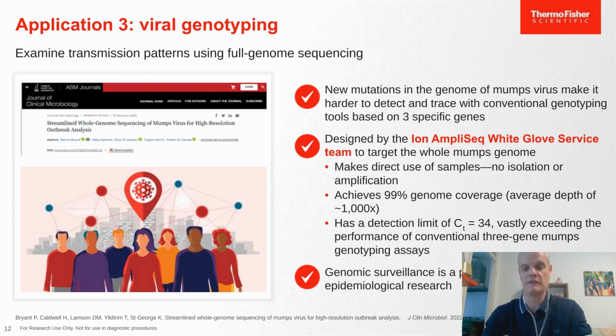So the specificity where the amplicons go and detect and define the whole genome sequencing is very high. And again, the bottom line to point out is that genomic surveillance by NGS is straightforward, and it's a powerful tool for epidemiological research, which is always ongoing there.